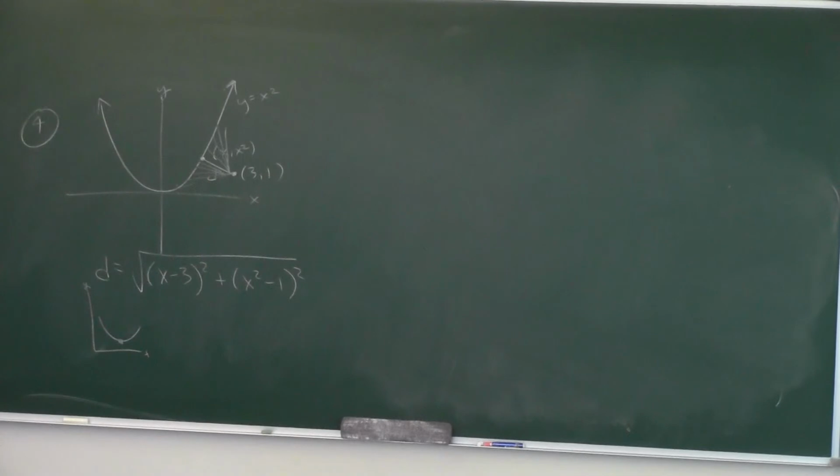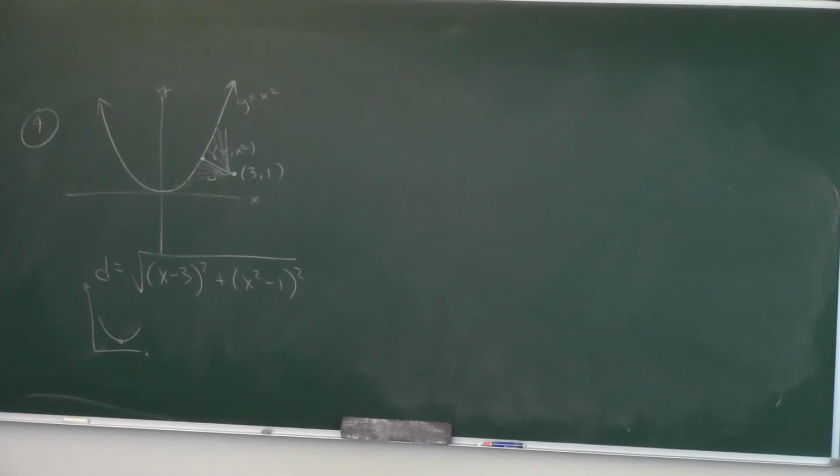Square root of (x minus 3) squared, right arrow, plus (x squared minus 1) quantity squared, right arrow. Square, get out of the radical. Enter. Double check to see if it's right.